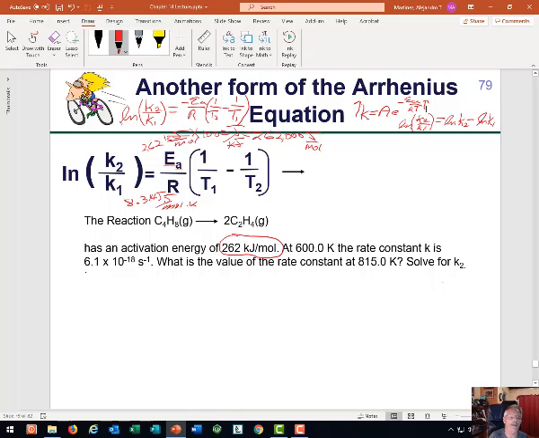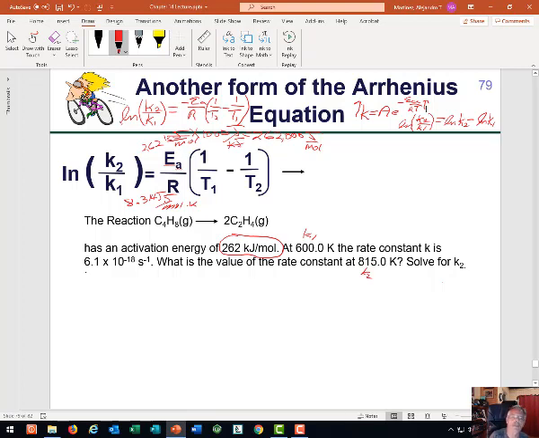All right, so we've got our gas constant, we've got our activation energy, and we have the temperatures: the temperature for K1 is the lower temperature, and the temperature for K2 is the higher temperature. We're going to plug those values in here.